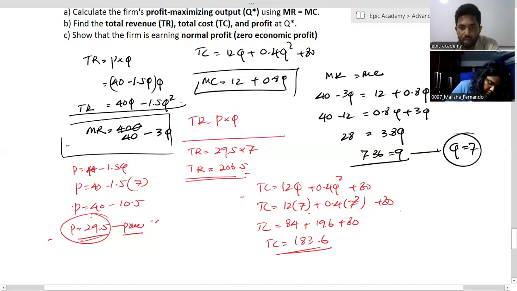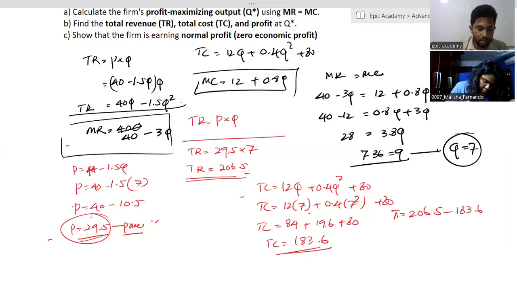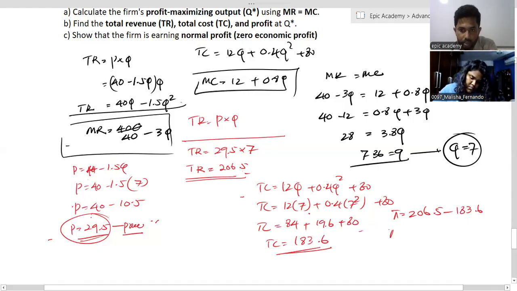So then profit is 206.5 minus 183.6. Yes, it is 22.9.